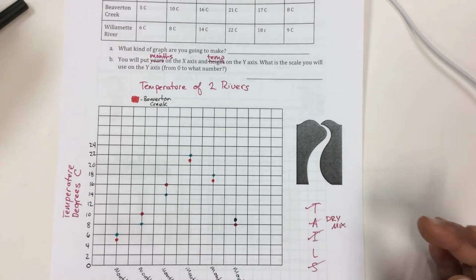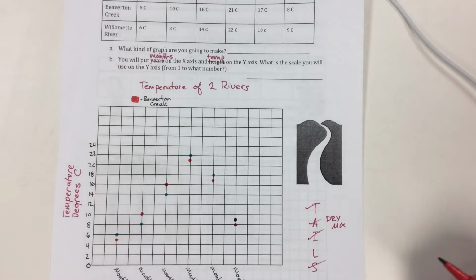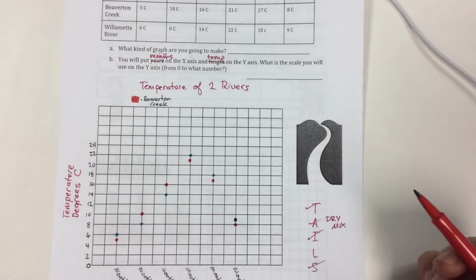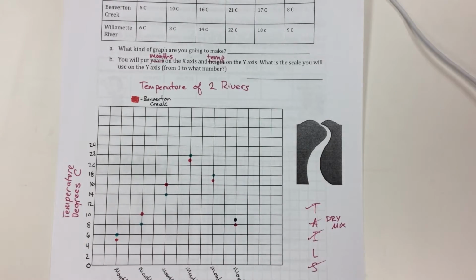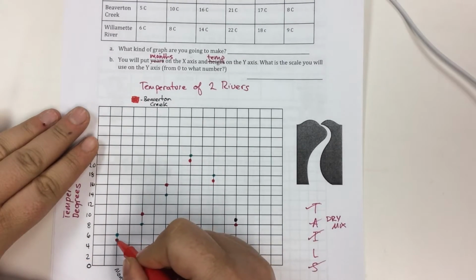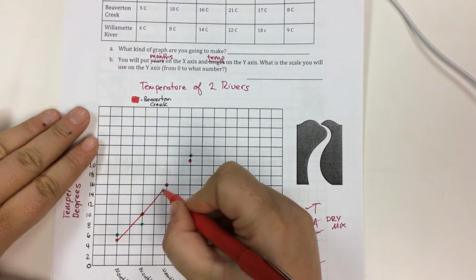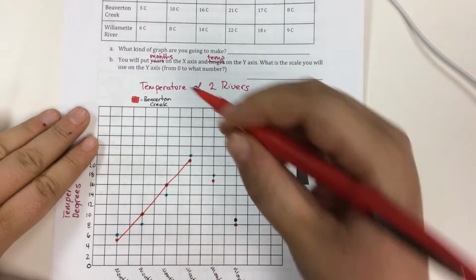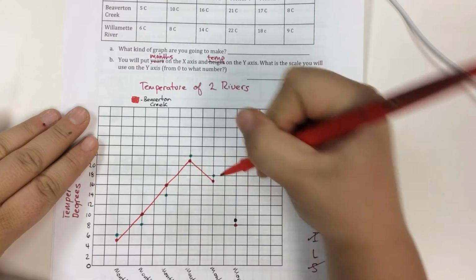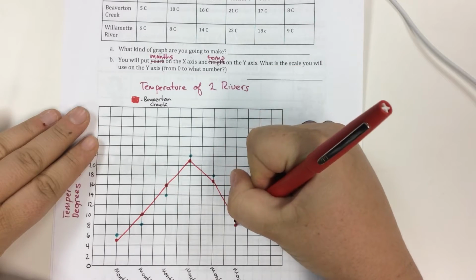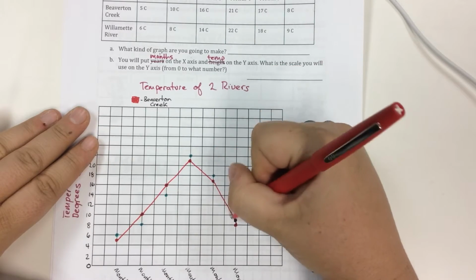All right. Now I'm ready to connect these dots. Because these red lines all are Beaverton Creek over the course of the year, they can get carefully connected. Ooh, that was not very careful.